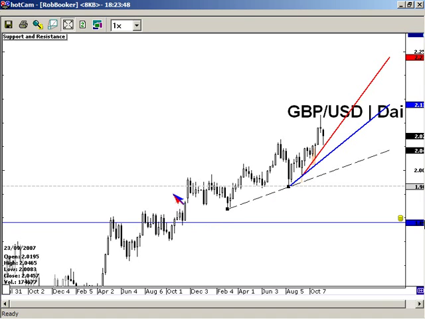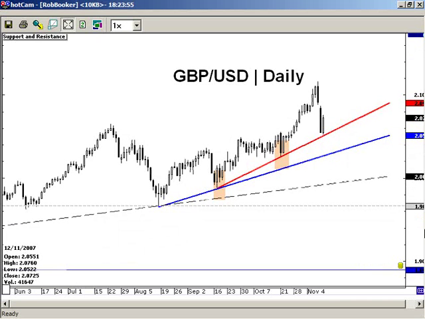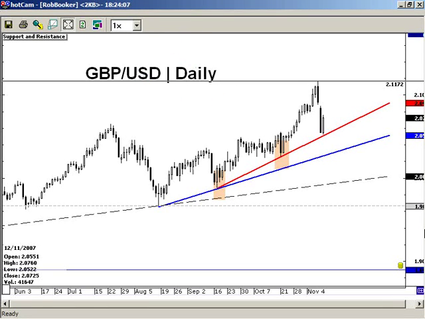And let's extend it all the way to the right. And we can use this third trend line as a profit target on the trade. So you can use trend lines as profit targets, previous levels of horizontal support and resistance as profit targets, and trend lines from the higher time frames.